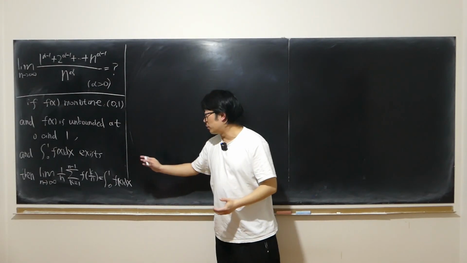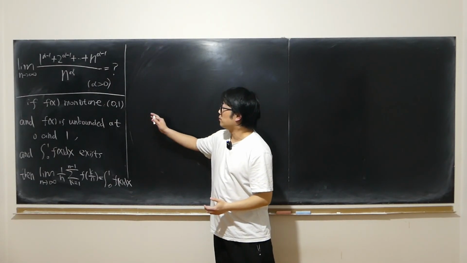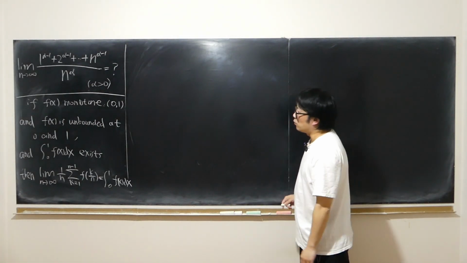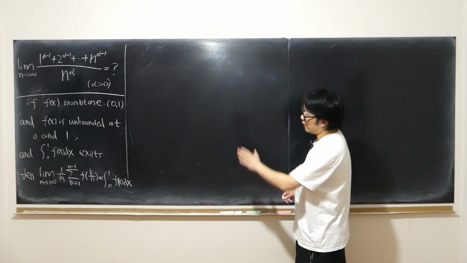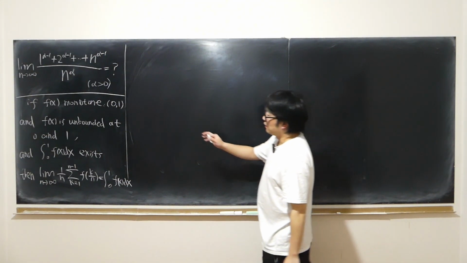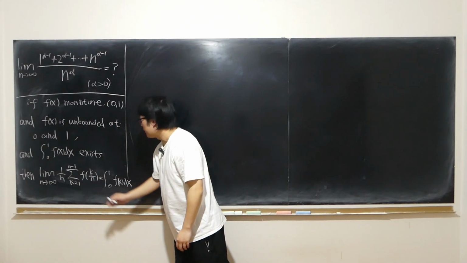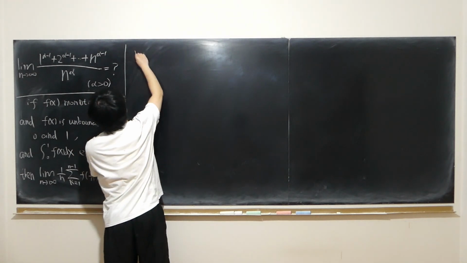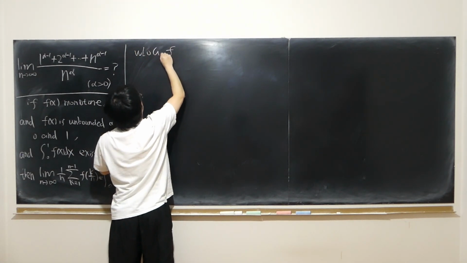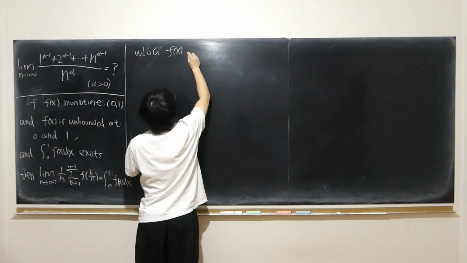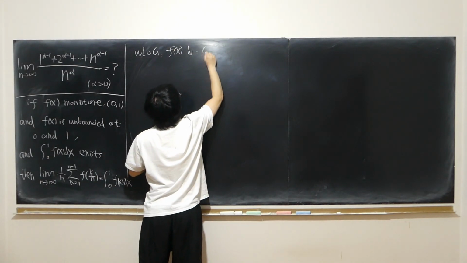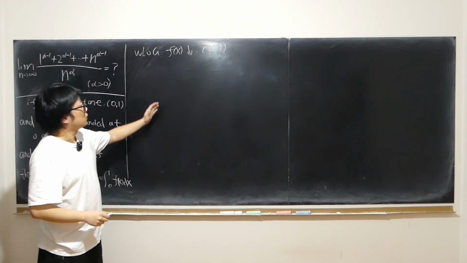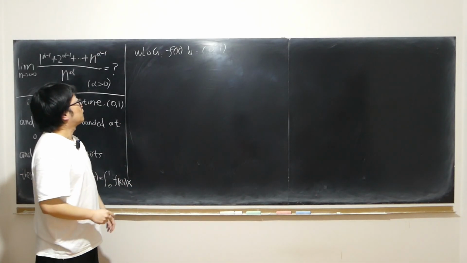Now let's prove this theorem so that we can apply the Riemann sum to this limit just like usual. First of all, why is it the case that if f is monotone and satisfies these conditions, we can apply it? Without loss of generality, we can assume that f of x is monotonically decreasing over 0 to 1. Like I said, f of x doesn't even have to be defined at 0 and 1.